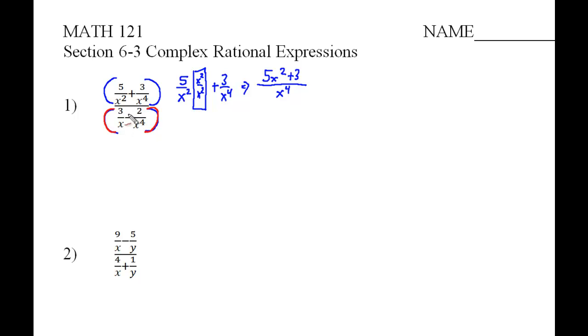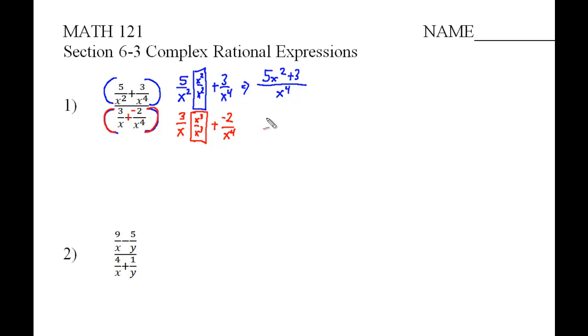Now, since I do not like subtraction, I'm going to add a negative. So I'm going to take my first expression, my 3 over x, and multiply by, in this case, x cubed over x cubed. And then I'm going to go plus negative 2 over x to the 4.